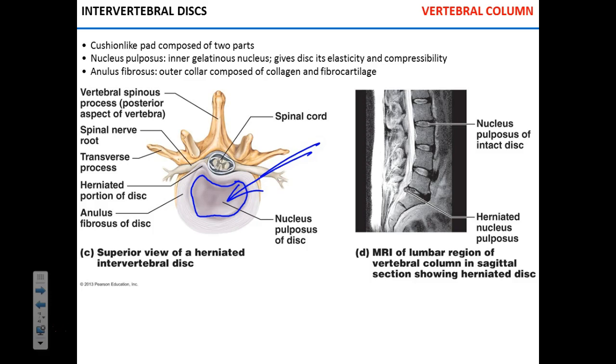Annulus fibrosus of the disc is the fibrocartilaginous collar which resists the compression and gives that mechanical sturdiness to the intervertebral discs.